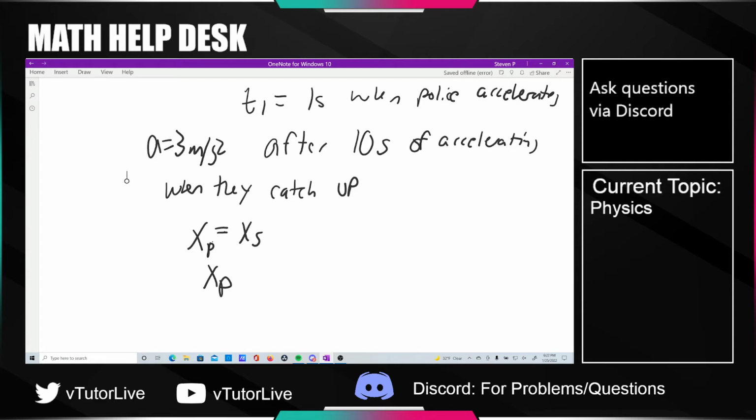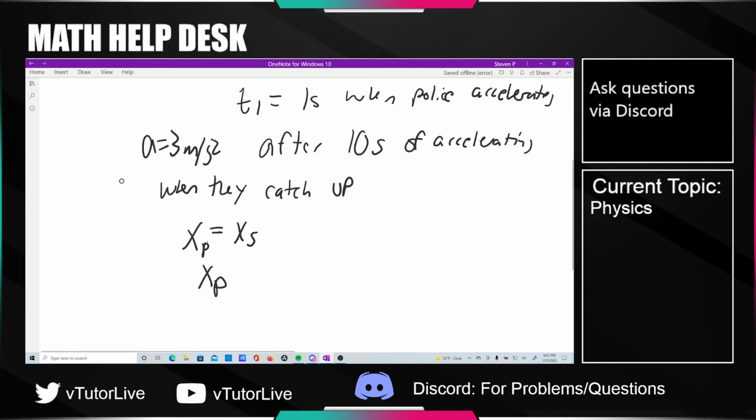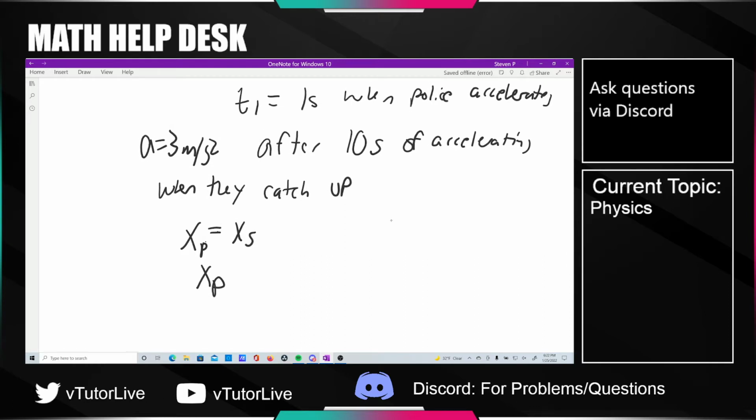Do we know time? We do have the time, right? Overtakes the speeder after accelerating for 9 seconds. Okay, so that's sort of our hint to use the x is equal to v naught t plus 1/2 a t squared equation rather than the vf squared minus v naught squared is equal to 2ax, because we have the acceleration in both.